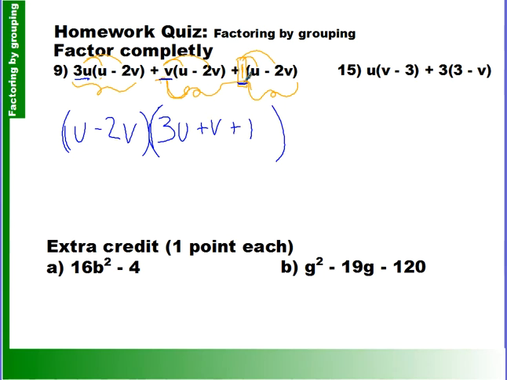All right. Let's take a look at number 15. Do we have the same condition that we did in problem 9? Do we have an identical term in a binomial? Trace? Well, you have V minus 3 and 3 minus V, and they're just flipped.